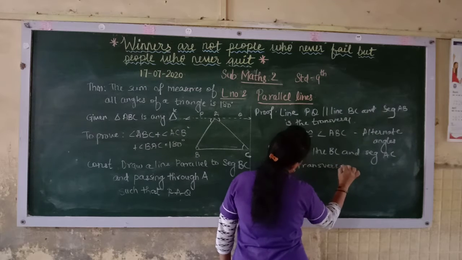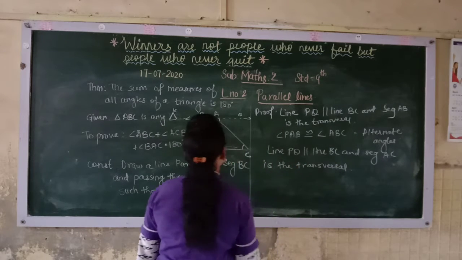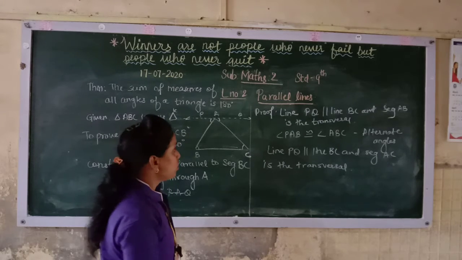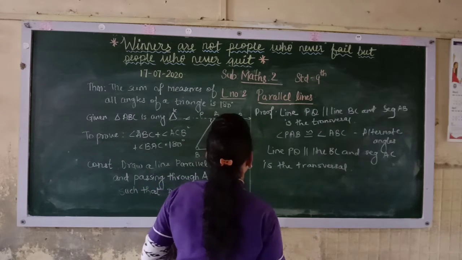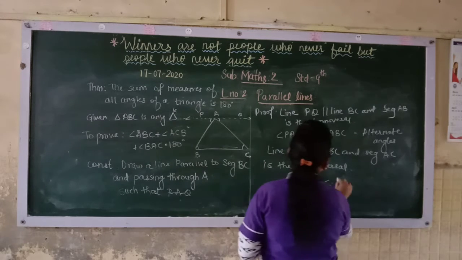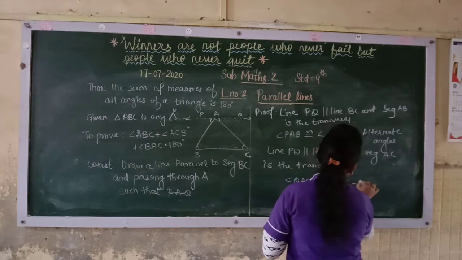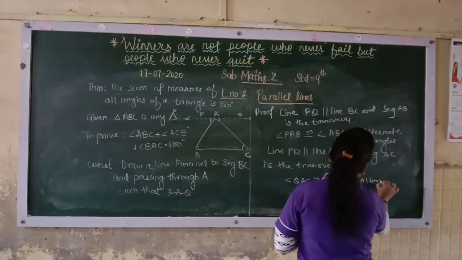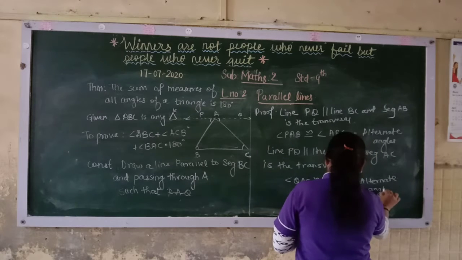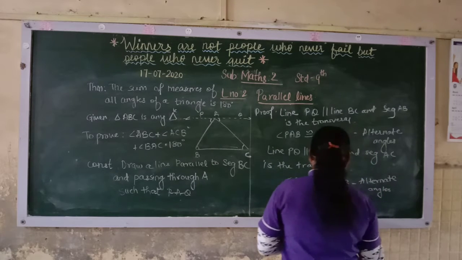Now when AC is the transversal, these two angles are the corners of a Z, which are alternate angles. So again they will be congruent. So you will get angle QAC is congruent to angle ACB. Here you will write alternate angles.